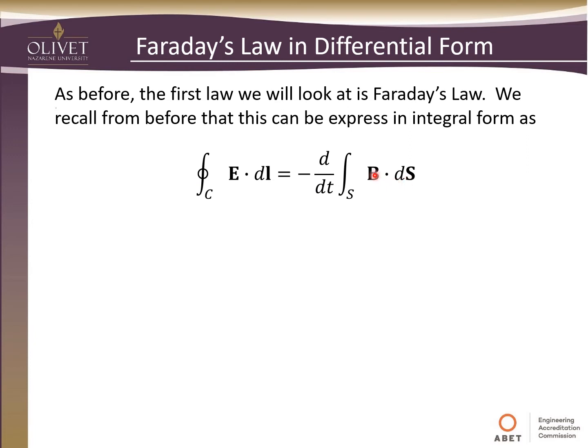So any of the magnetic field that's penetrating this surface should contribute to an electric field along the path of the length. Again, where S is any surface bounded by C.